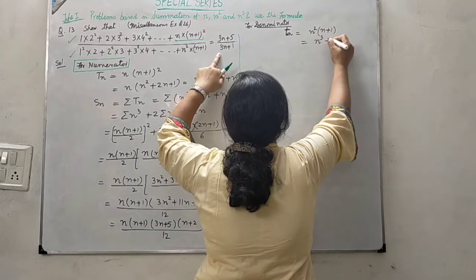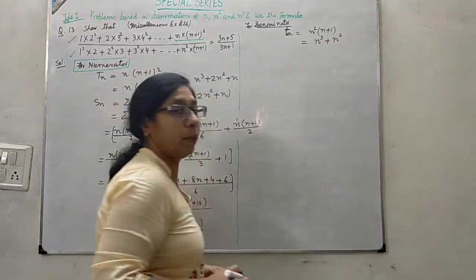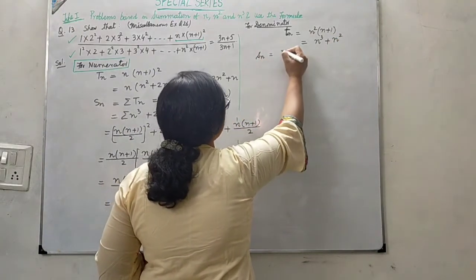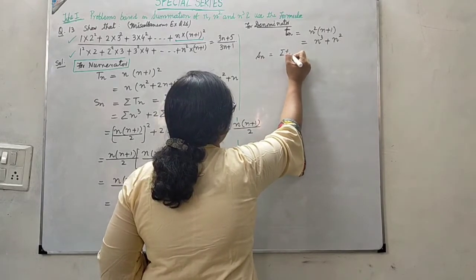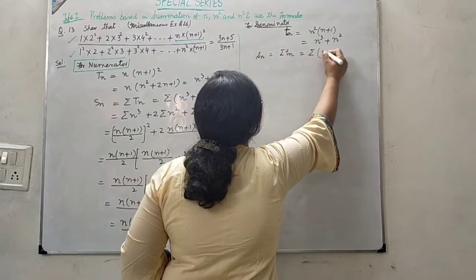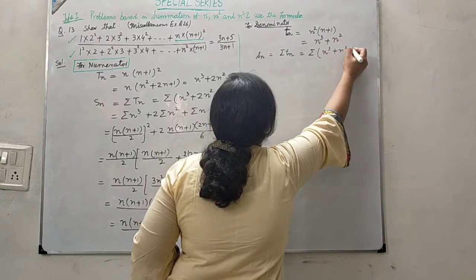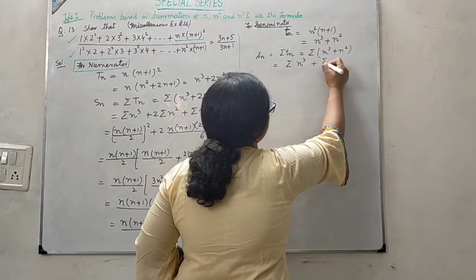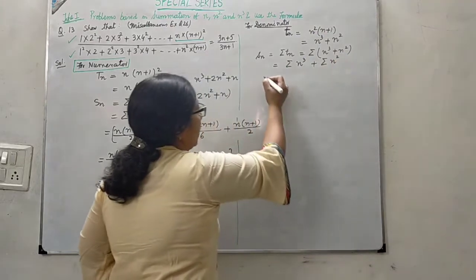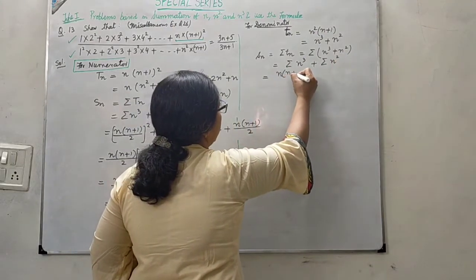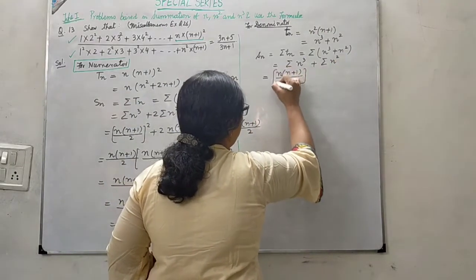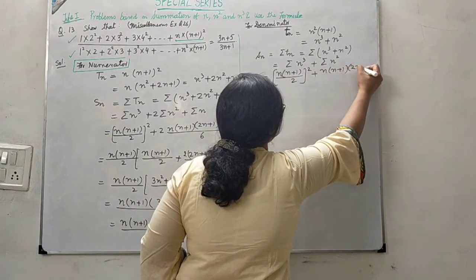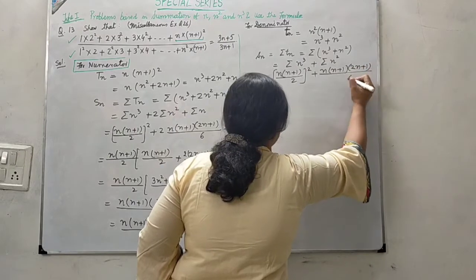This after simplification comes to be n cube plus n square. So if I take small sn here, this is sigma tn, and this is now sigma over n cube plus n square. And this is, by separating sigma over these and applying the formula, n into n plus 1 by 2 whole square plus n into n plus 1 into 2n plus 1 by 6.